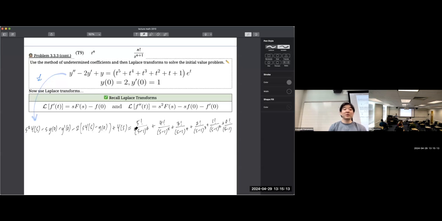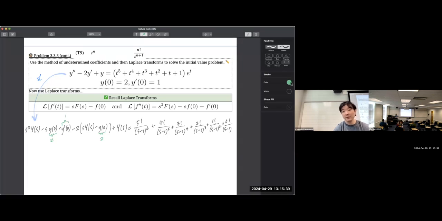So that's the Laplace transform of this entire equation. We successfully took the Laplace transform of the whole thing. And then we know the initial conditions: y of 0 is 2, y prime of 0 is equal to 1. Is that it? That's all.